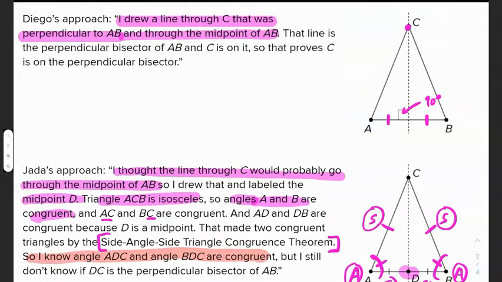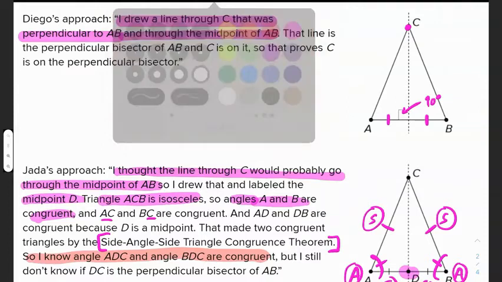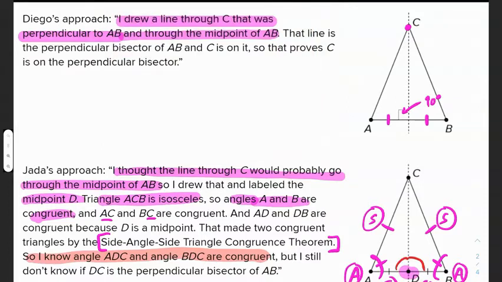But knowing for a fact that they are both 90 degrees, right? She knows this segment and that segment are congruent to each other, right? Which definitely takes care of the bisector part, but she's not sure about the perpendicular part.